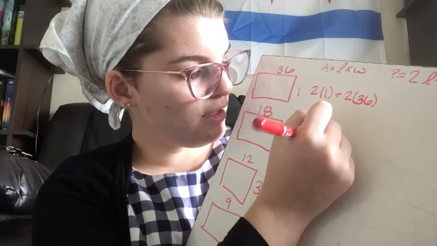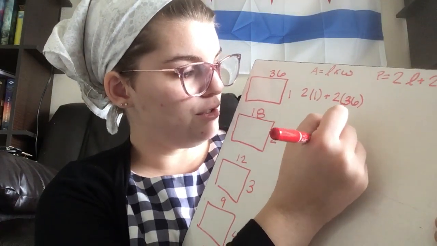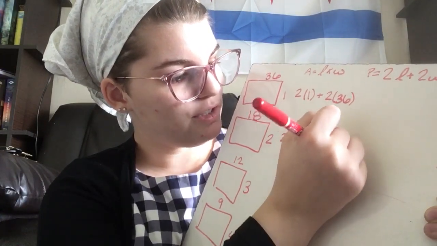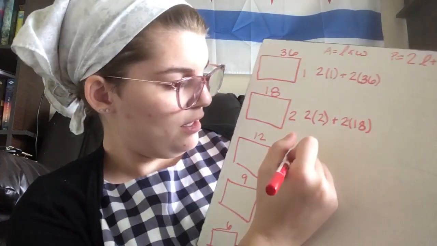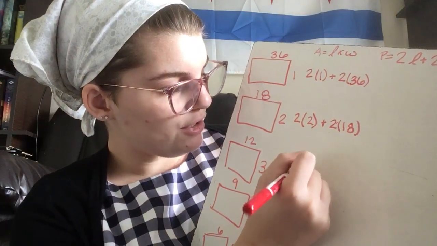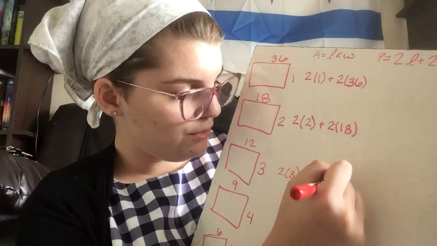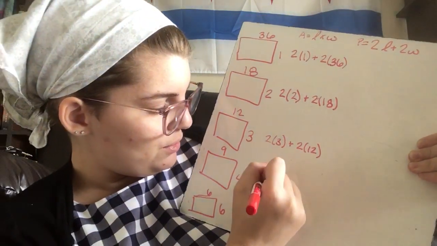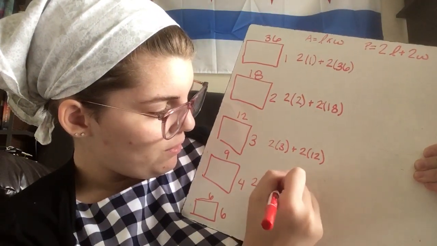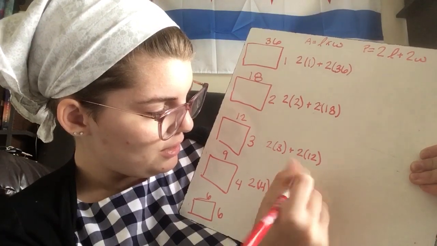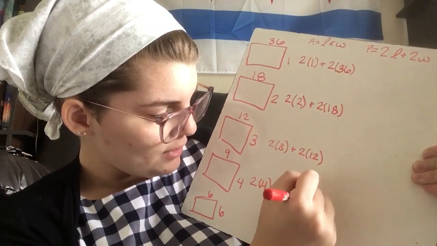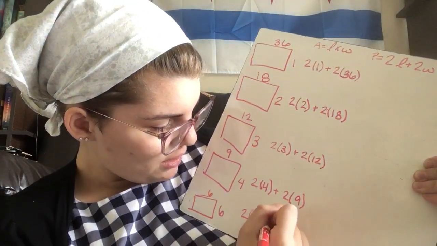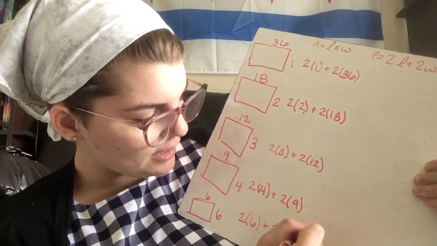We're going to do the same thing for all of these. So 2 times 2 plus 2 times 18. This one's going to be 2 times 3 plus 2 times 12. This one's going to be 2 times 4 plus 2 times 9. And this one is going to be 2 times 6 plus 2 times 6.